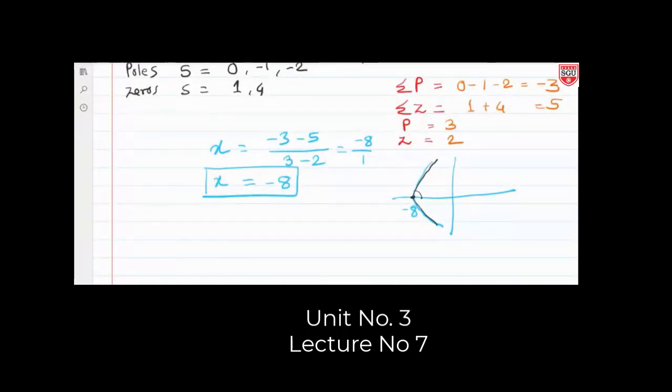These angles are given by another formula: (2m plus 1) into 180 degrees divided by P minus Z, where m is 0, 1, 2 up to P minus Z minus 1. Here 3 poles and 2 zeros, so 3 minus 2 is 1, so m will be only 0.